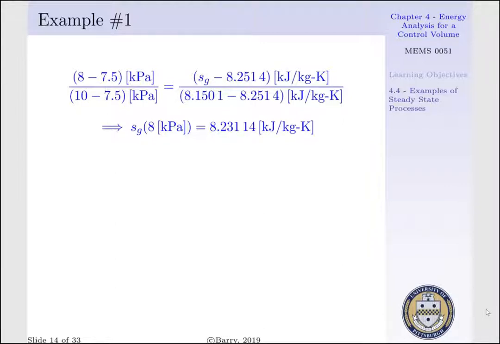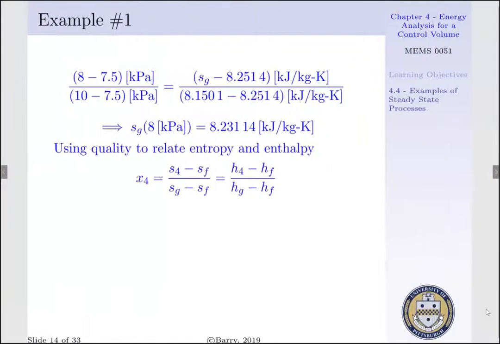Now we can use the definition of quality to relate entropy and enthalpy. Our quality at state 4, which is equal to s4 minus sf per sg minus sf, is equal to h4 minus hf per hg minus hf.